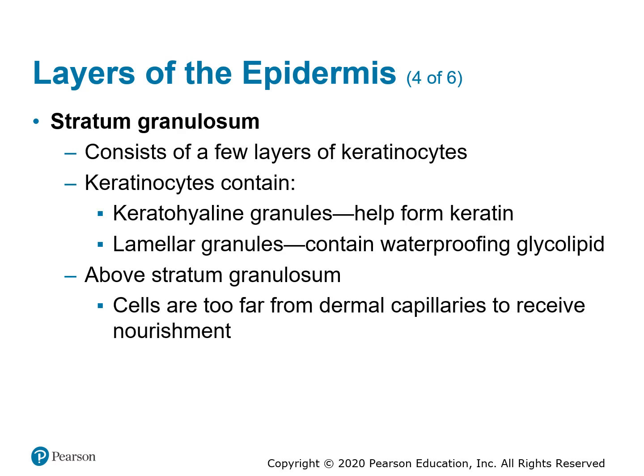Next on the list, stratum granulosum. The stratum granulosum is about 1 to 5 layers. They have keratinocytes, sure, but those keratinocytes contain what we call keratohyalin granules, and that helps to make that pre-keratin into keratin.